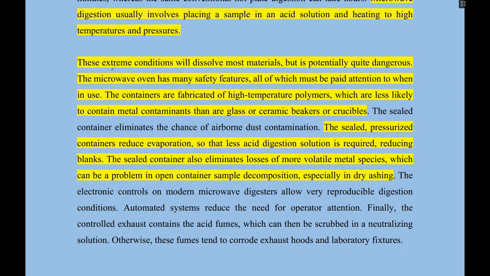Remember, we are talking about dissolving in the presence of an acid, and acids at very high temperature are likely to produce hydrogen. Some of the people that work in labs have asthmatic conditions.